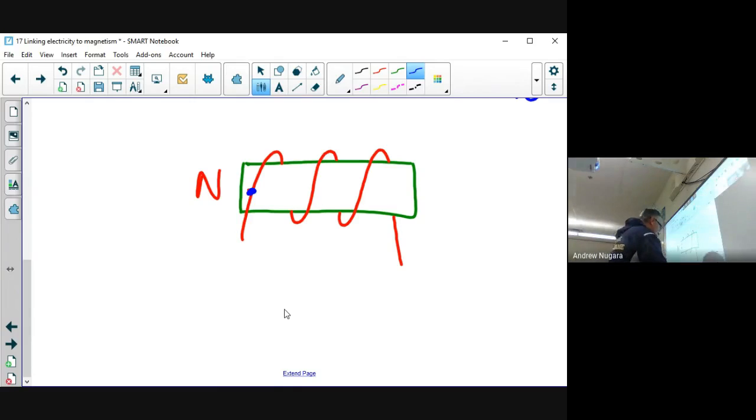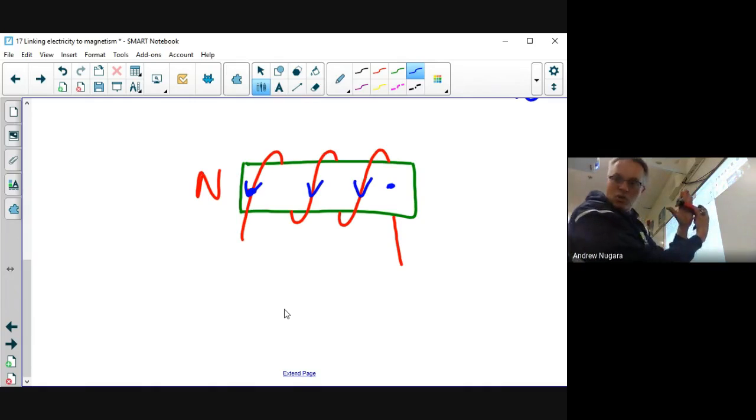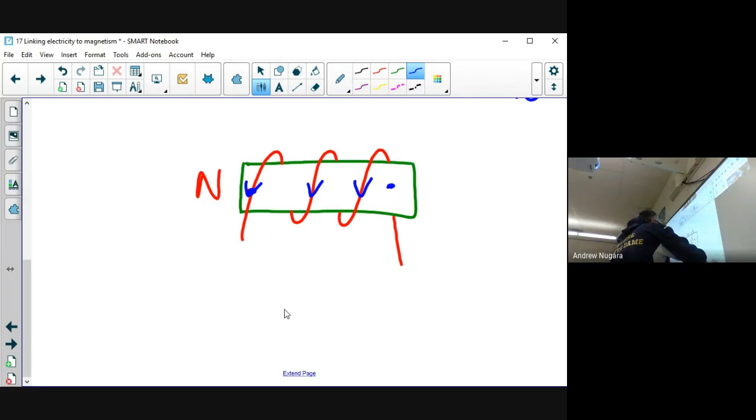Therefore, in this portion behind here, they must be going up, and therefore they're coming down this way here. So this is the direction of the electron flow in this example. Hopefully you can see that they're going up and behind the solenoid, then they must be coming down when they're in front of it.